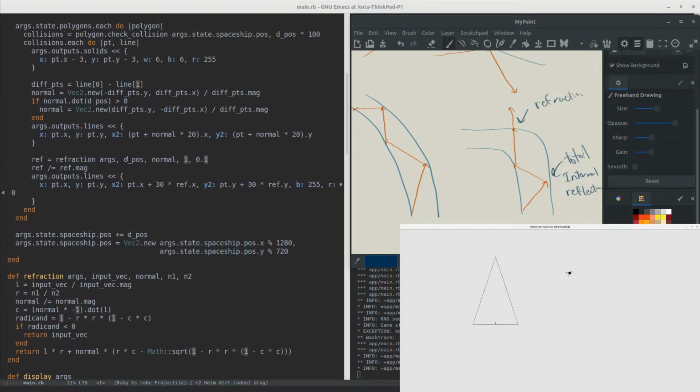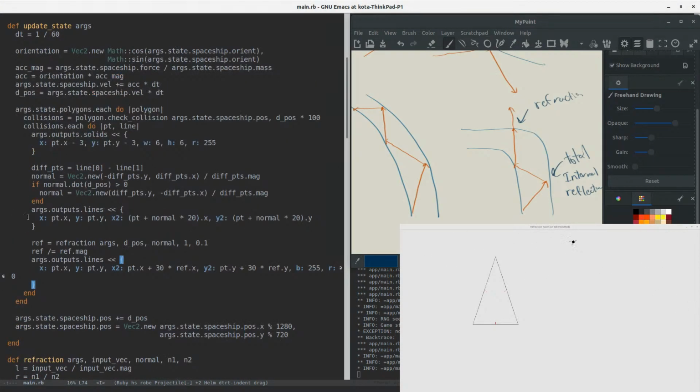So, okay, anyway, let's adjust the velocity vector based on this. So if we have a collision, total internal refraction, but swap the vector to the other side to convert it to refraction as well. Yeah, so I think basically it's the inverse on the refraction, right?